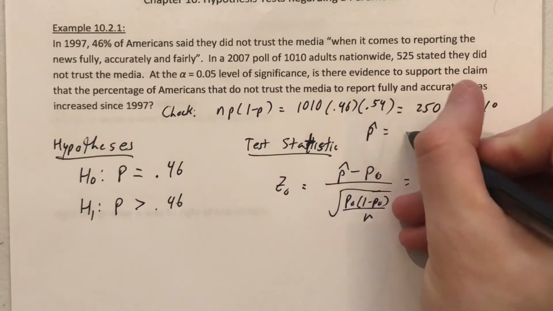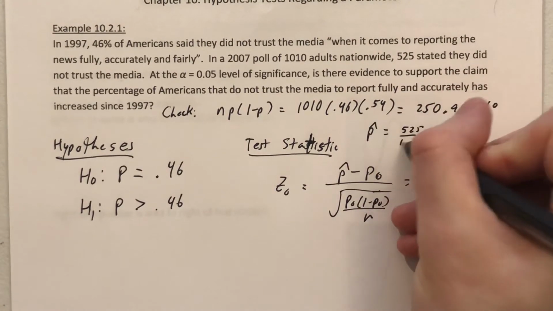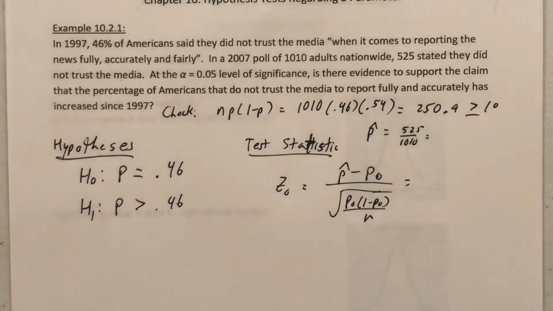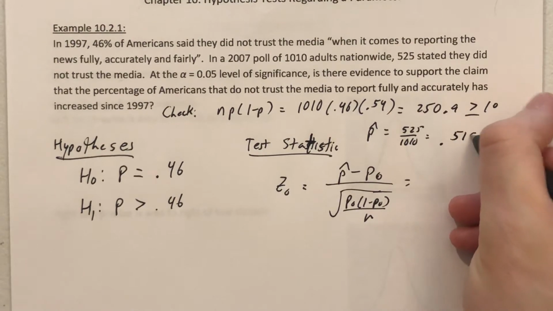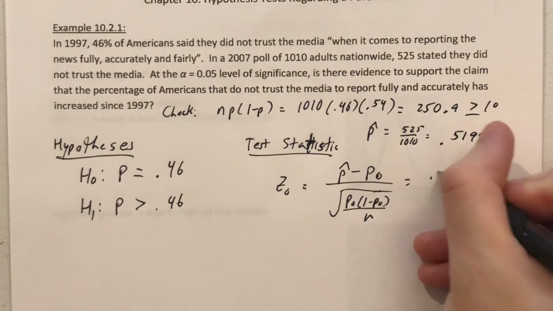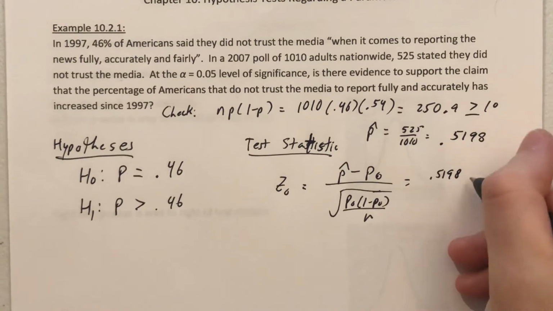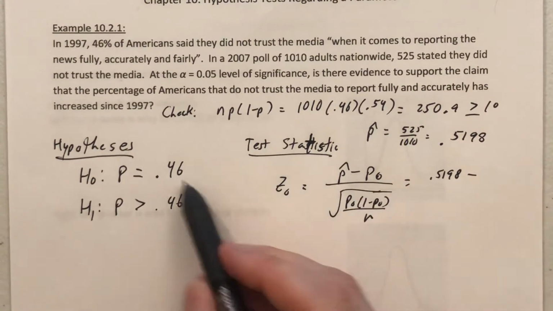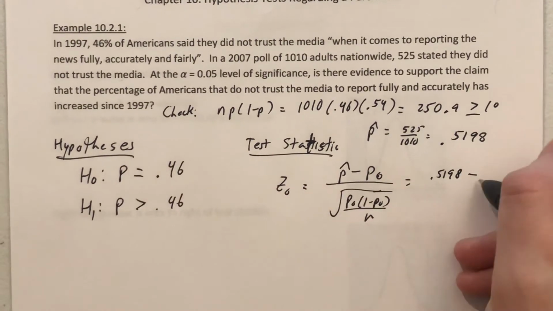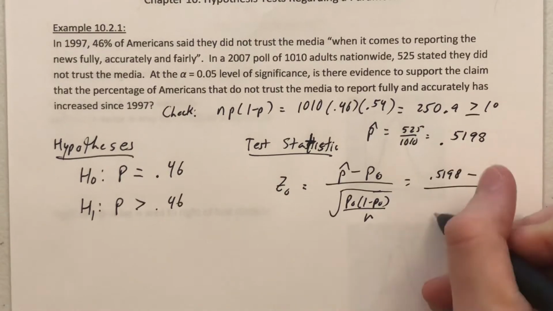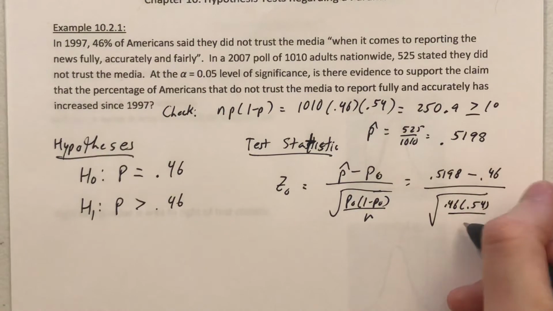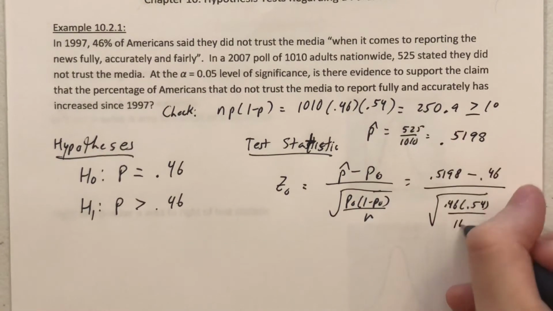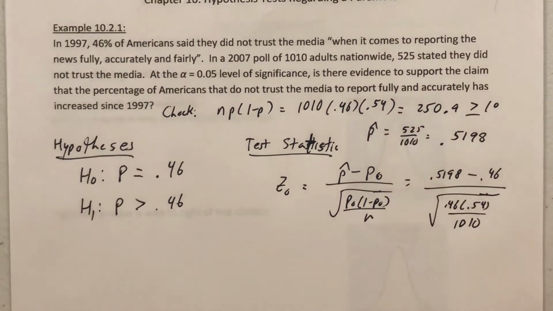So p hat is that 525 out of 1,010. We'll take 4 places for some accuracy, 0.5198. So that's our value for p hat. Now p naught, remember, is the number that it's originally believed to be, so 0.46. And then the same thing for 0.46 times 0.54 over our sample size of 1,010.